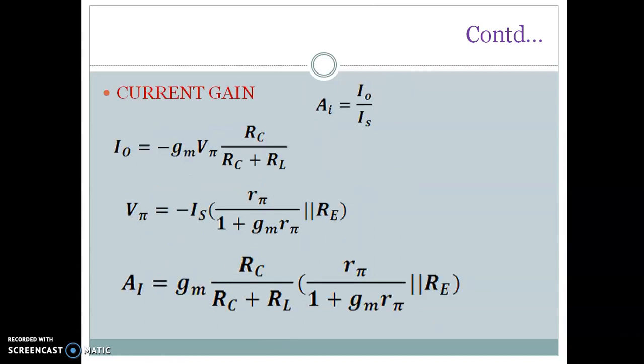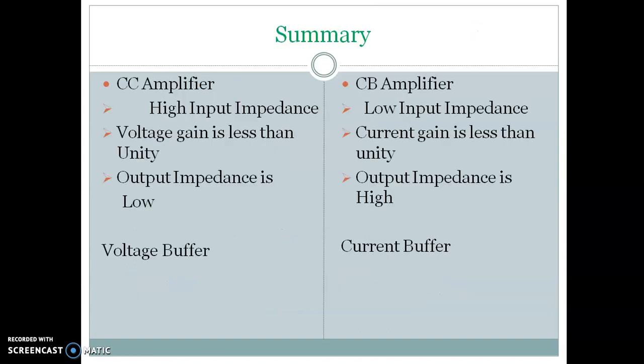And if you look at the current gain, it is going to be very, very small, because it is R pi divided by 1 plus Gm R pi parallel Re. So the current gain is less than unity, but the output impedance is high. Hence it could be used as a current buffer, because the current gain is approximately 1. So the input current is equal to the output current, but the impedance transformation takes place from a low input impedance to a high output impedance.